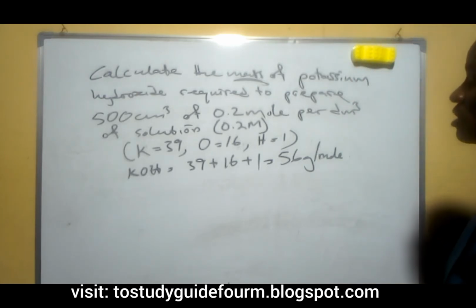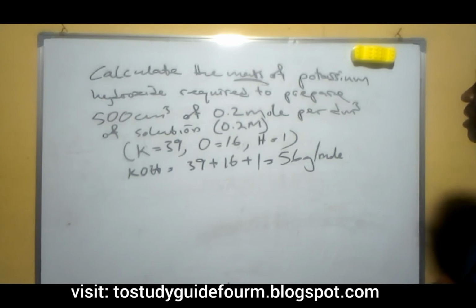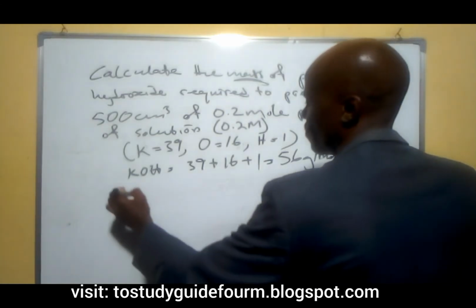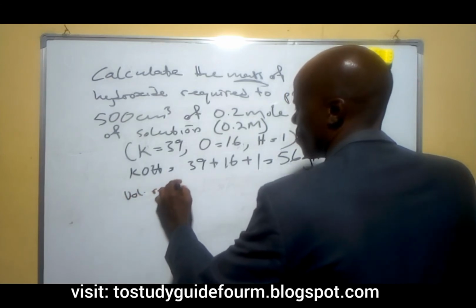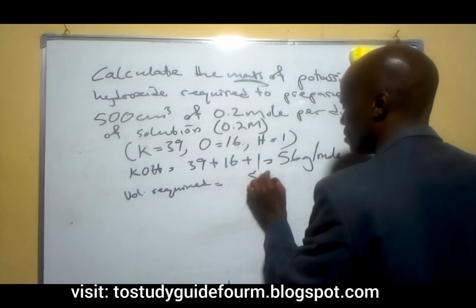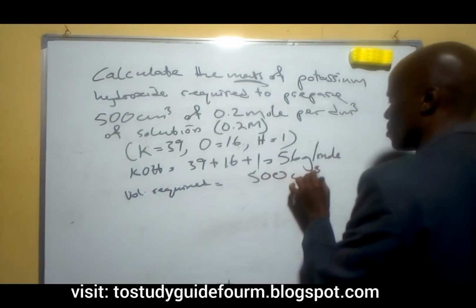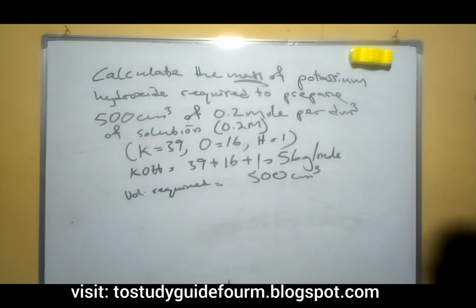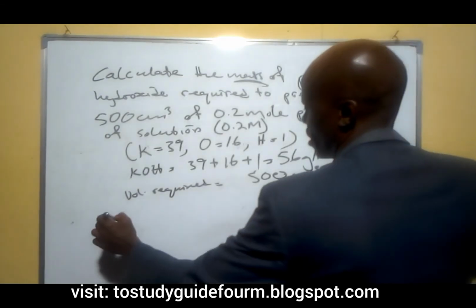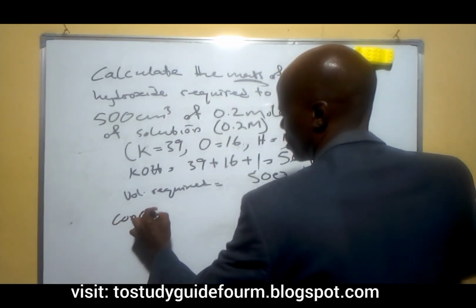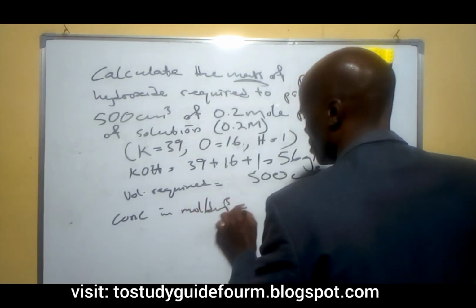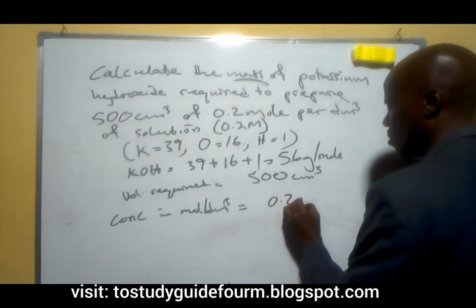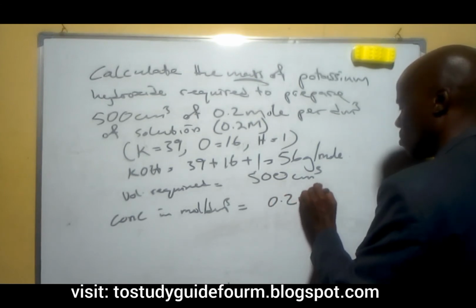And what again are we looking out for? We know that the volume required is in cm cube, and then the molality or the concentration in mole per dm cube of solution is 0.2 mole.